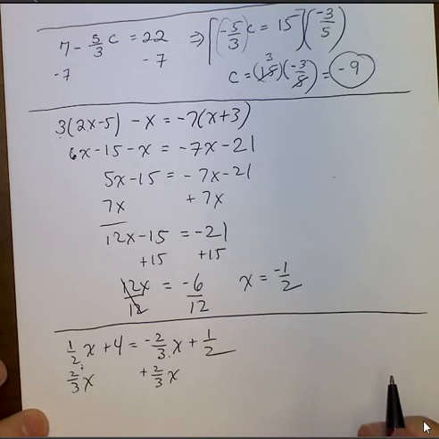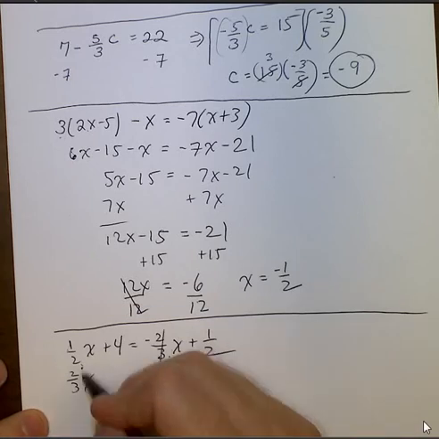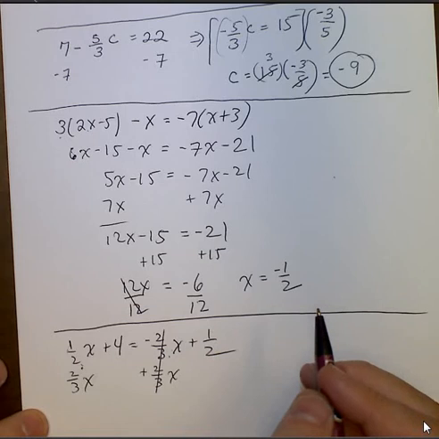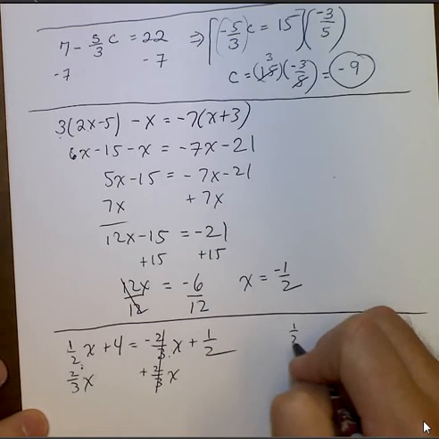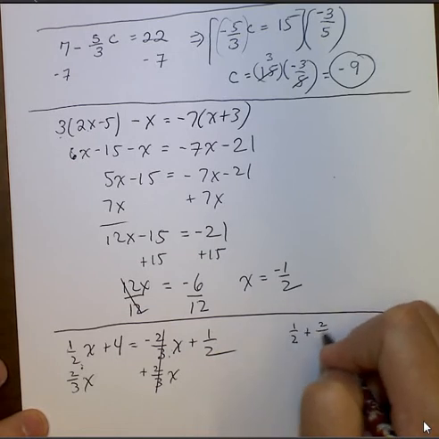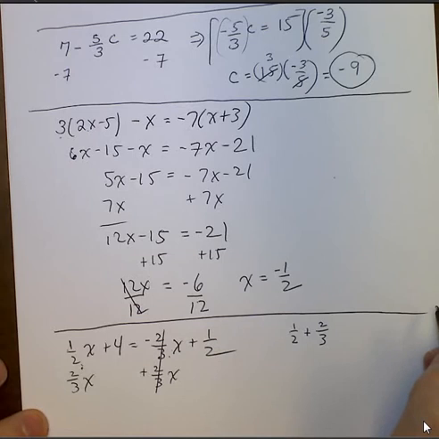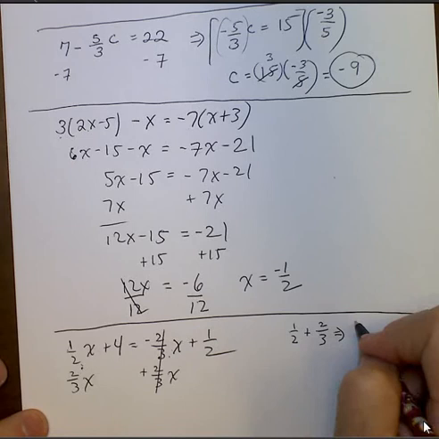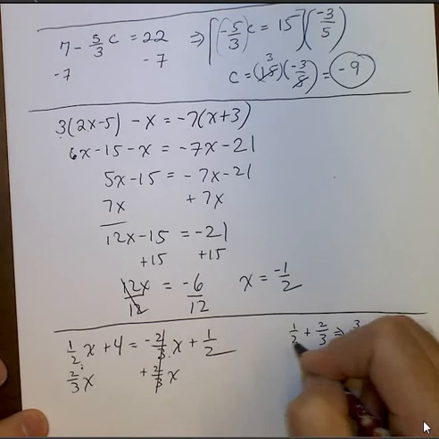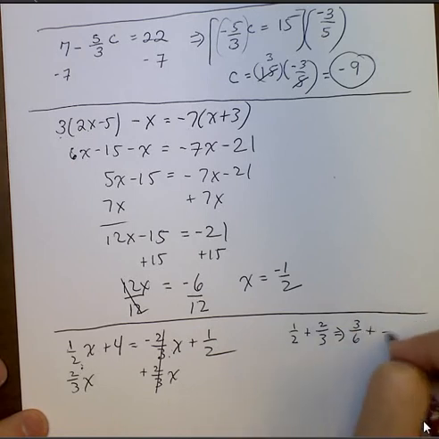Now, when I add 1/2 x and 2/3 x, I can't add those fractions without having a common denominator. You cannot add or subtract fractions without a common denominator. My least common denominator is 6. So 1/2 I rewrite as 3/6, and 2/3 I put over 6.